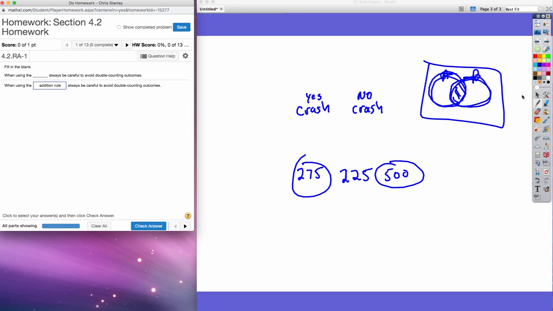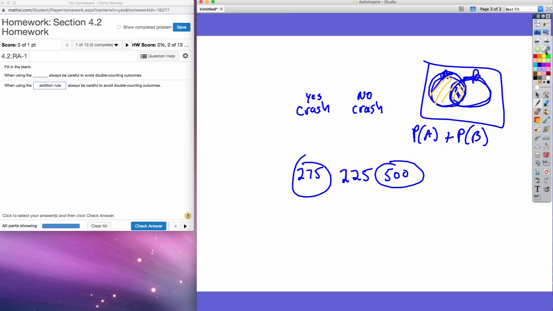The addition rule says add all your A's, that's this circle, and then add the B's, which is like this circle. You can see that the middle got added twice. So what we're going to do is subtract out the overlap, and that's your overlap right there.